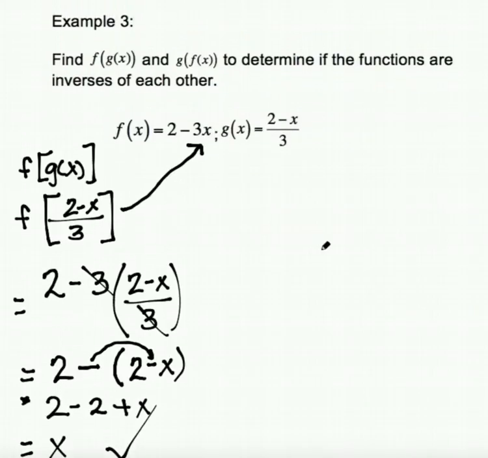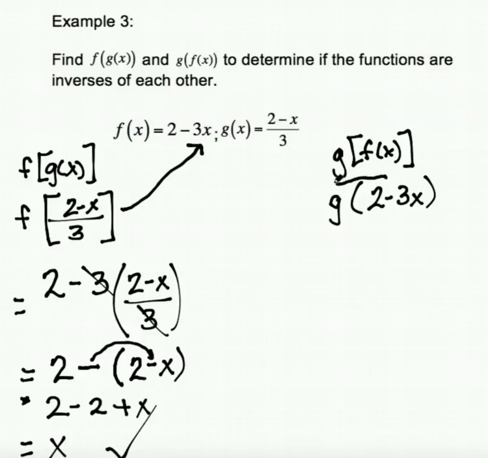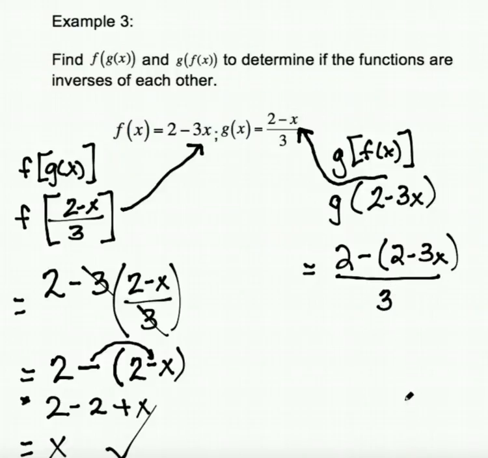So now I have to go over here and verify what g of f of x equals. So g of f of x. I'm going to do g of 2 minus 3x. That means I'm going to take 2 minus 3x and plug it in for this x in the g function. So that gives me 2 minus, and I put it in parentheses, (2 minus 3x) divided by 3.